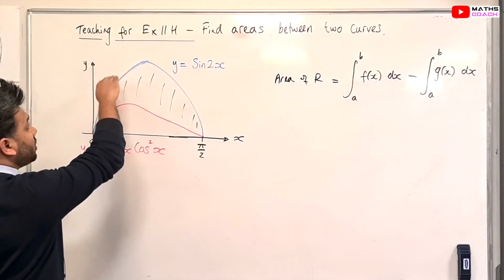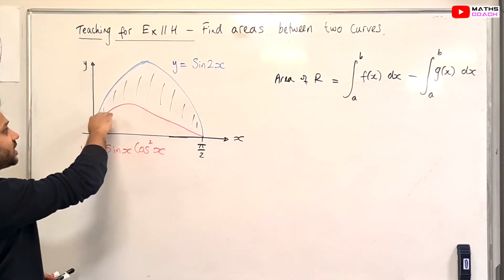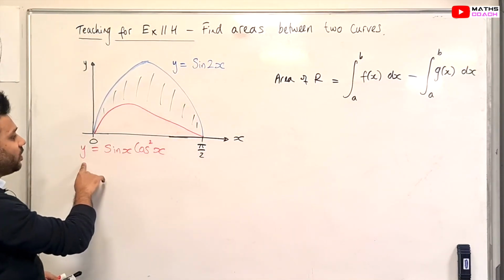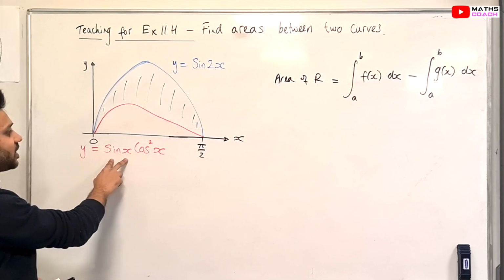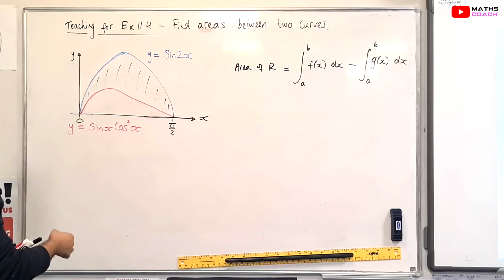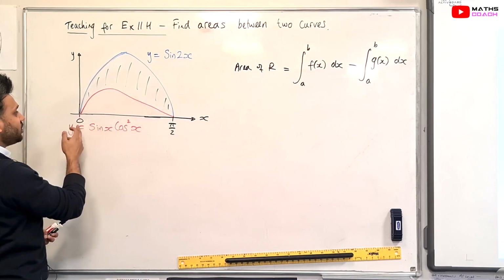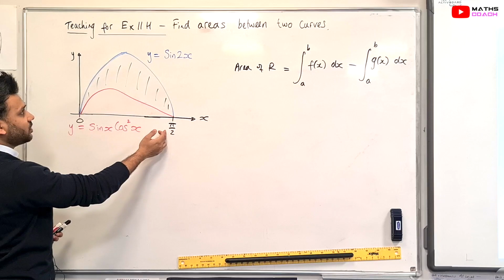Here we have the top curve given by y equals sine of 2x, and the second curve, the one underneath here, is given by y equals sine x multiplied by cos squared x. So we are asked to work out the area between those two curves for the x values between 0 and pi by 2.